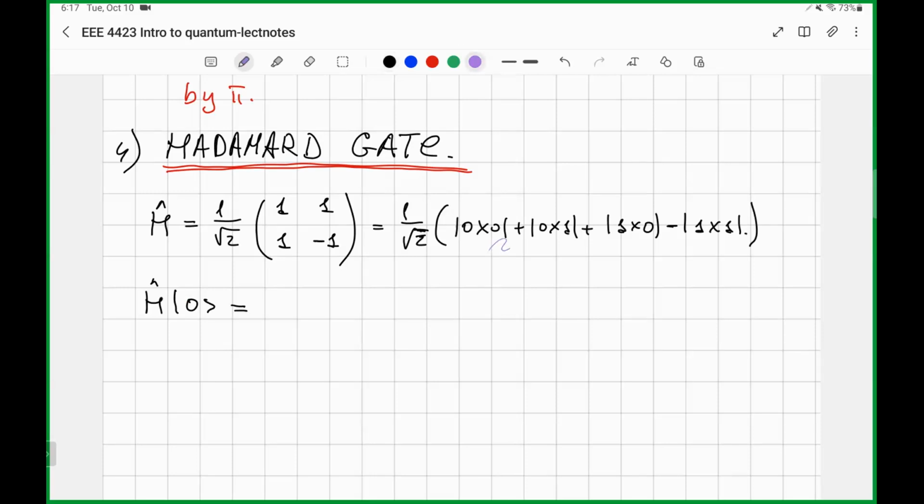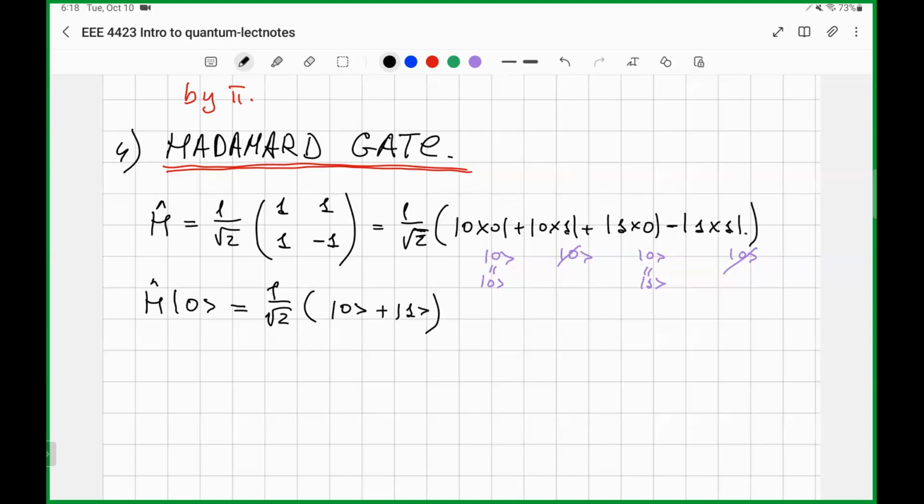Applying state 0 here, here, and here, this one cancels because <1|0> is 0. This one again, <1|0> is 0. I have only two components here. This one gives me state 0, and this one gives me state 1. So the result will be 1 over square root of 2 times state 0 plus state 1.